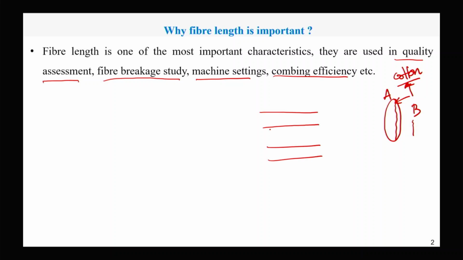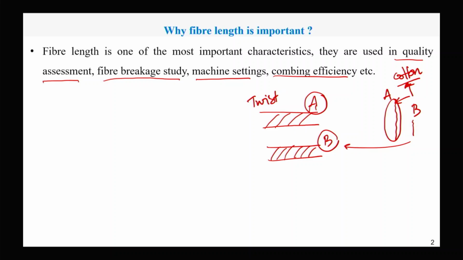If we apply the same level of twist in both the cases, the yarn made from fiber A will result in higher strength, whereas yarn made from fiber B will result in lower strength, and the level of twist is kept initially the same.